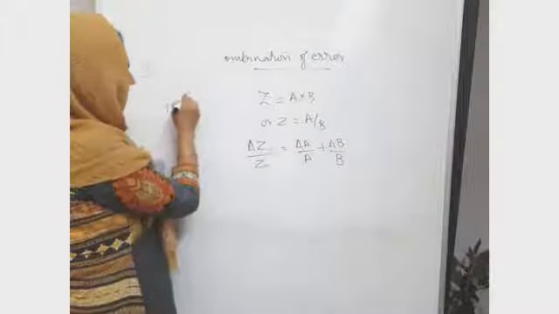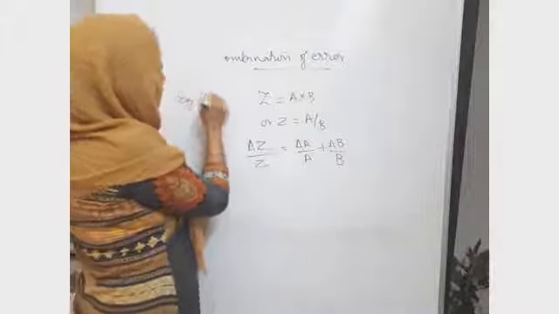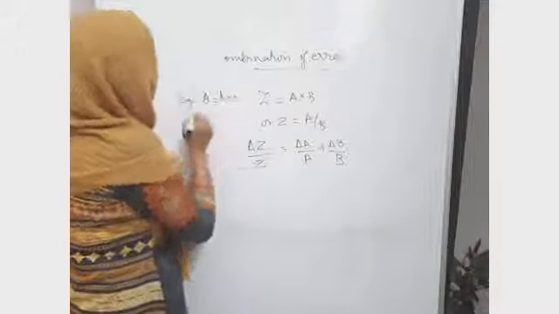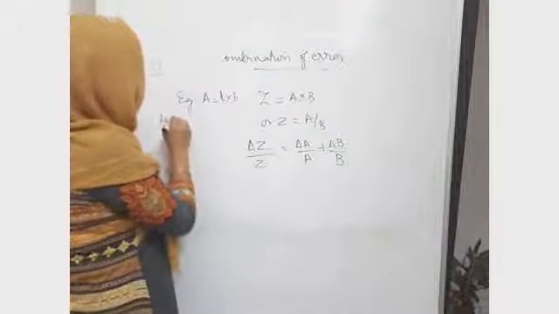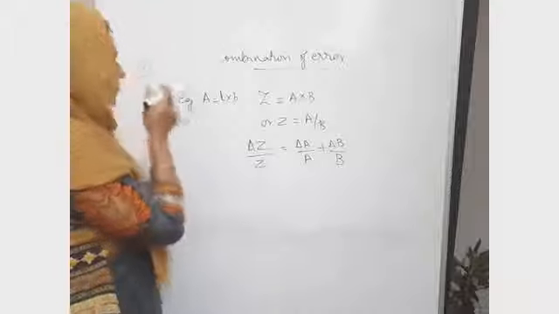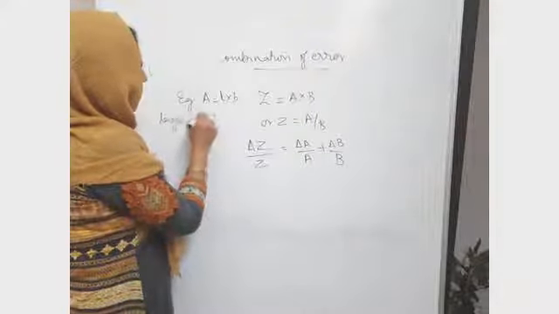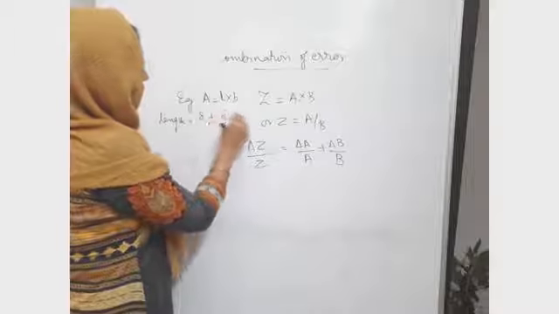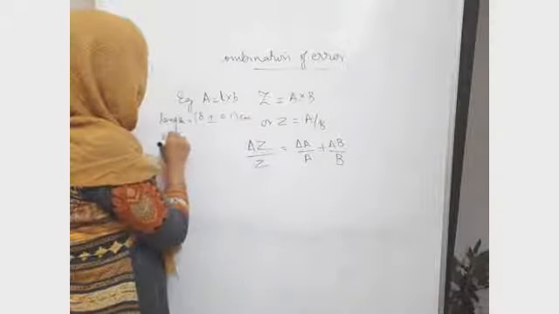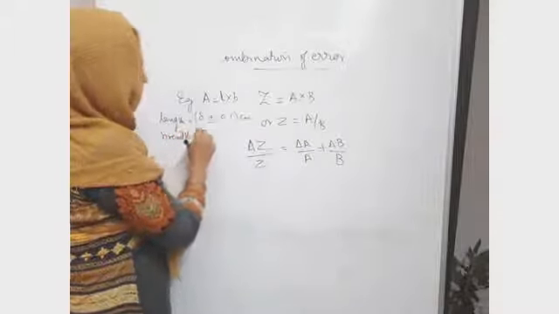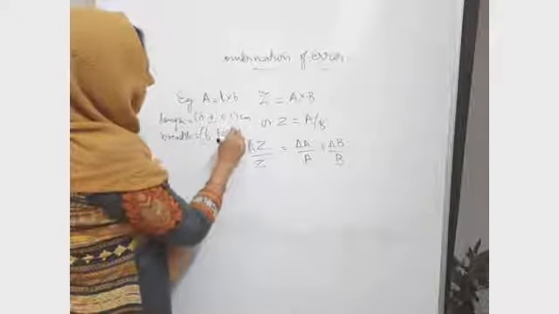So let us take the example of area. Area is equal to L into B. Length of a particular rectangle, say it is 8 plus or minus 0.1 centimeter, and breadth is 6 plus or minus 0.1 centimeter.